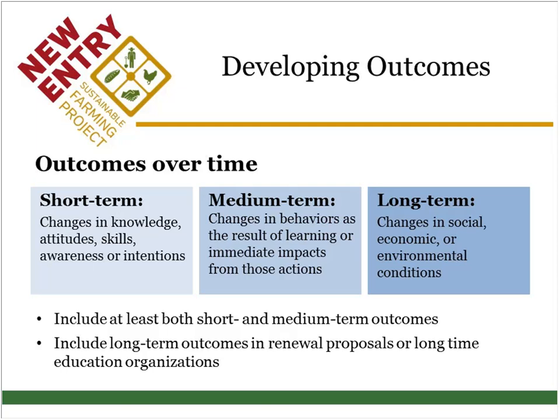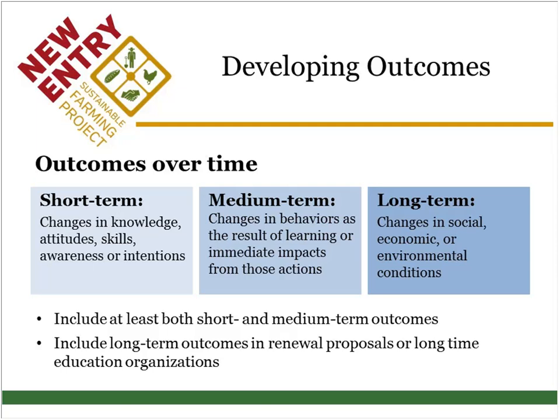All right, back to the slide on medium-term changes. These are things we generally expect within the 3-year period of a BFRDP project, and long-term are more changes in social, economic, or environmental conditions. So ideally in your proposal, you want to include at least both short and medium-term outcomes.